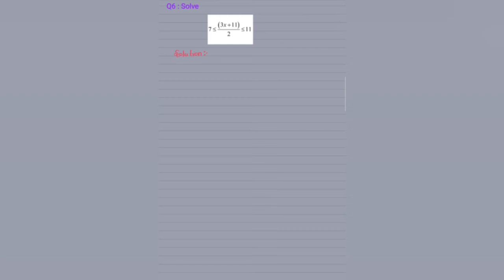So 7 less than or equal to 3x plus 11 upon 2, less than or equal to 11, multiplying by 2 in each term: 7 multiplied by 2 less than or equal to 2 multiplied by 3x plus 11 over 2, less than or equal to 11 multiplied by 2.